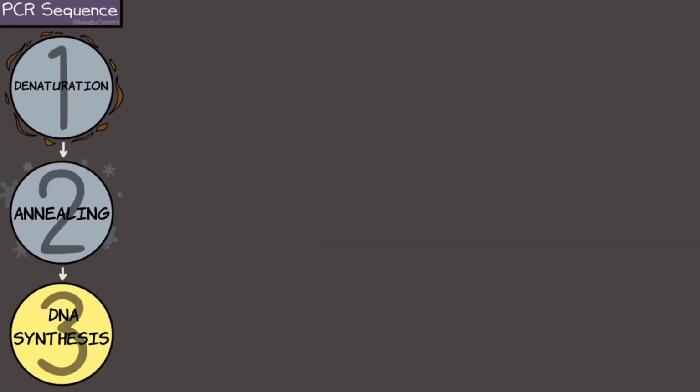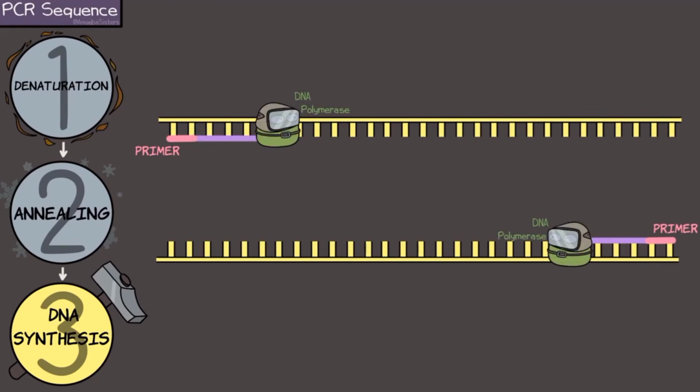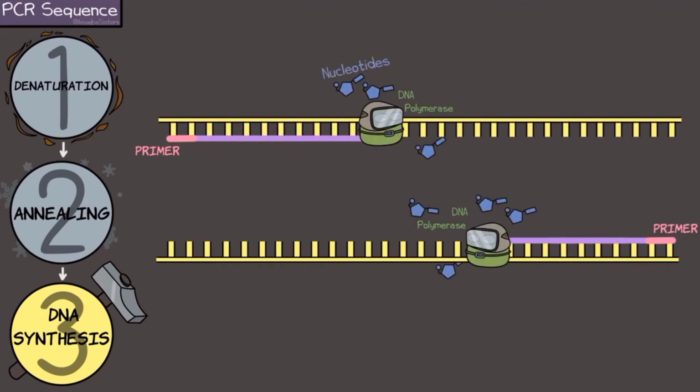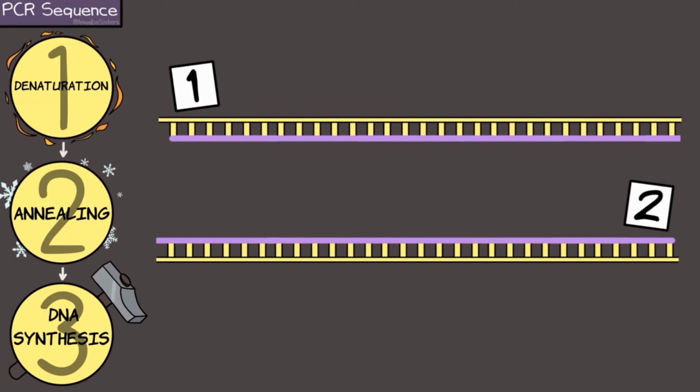The next step is extension. New strands of DNA are made using the original strand as a template. A DNA polymerase enzyme joins nucleotides together. This enzyme is often Taq polymerase, an enzyme originally isolated from a thermophilic bacterium called Thermus aquaticus. The order in which the free nucleotides are added is determined by the sequence of nucleotides in the original DNA strand.